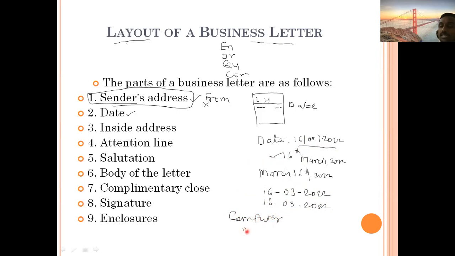It is always like this: DD and then the rest. So ensure that you're not having any confusion while mentioning the date on the letter.